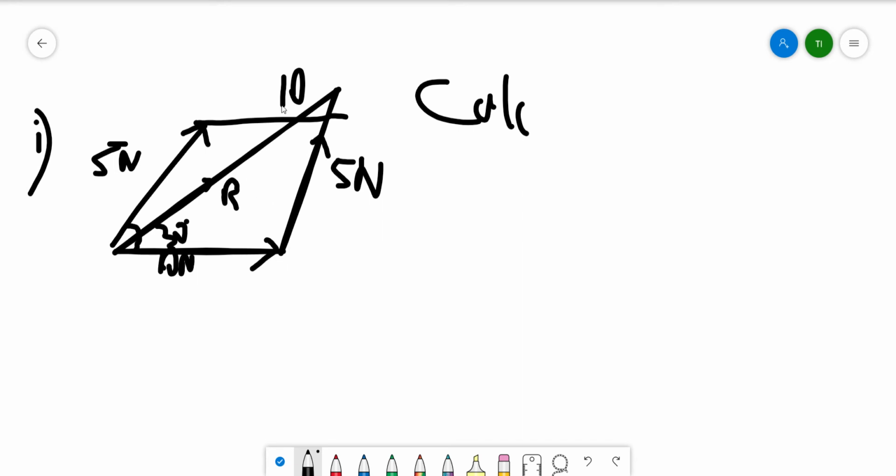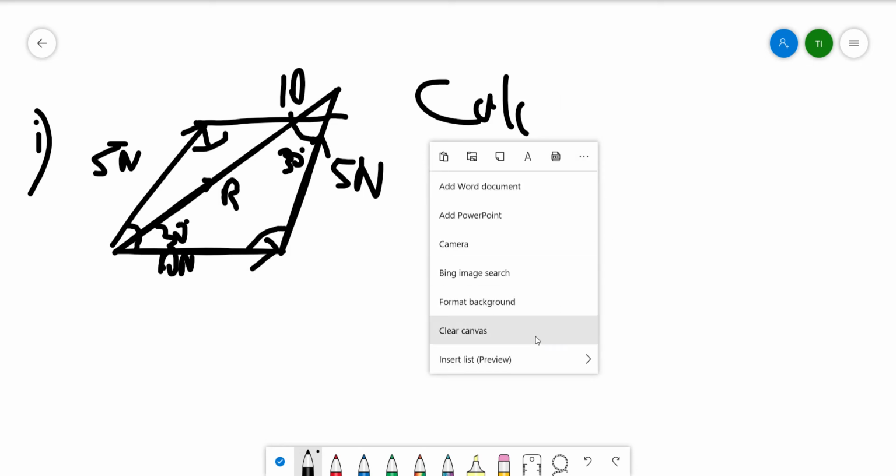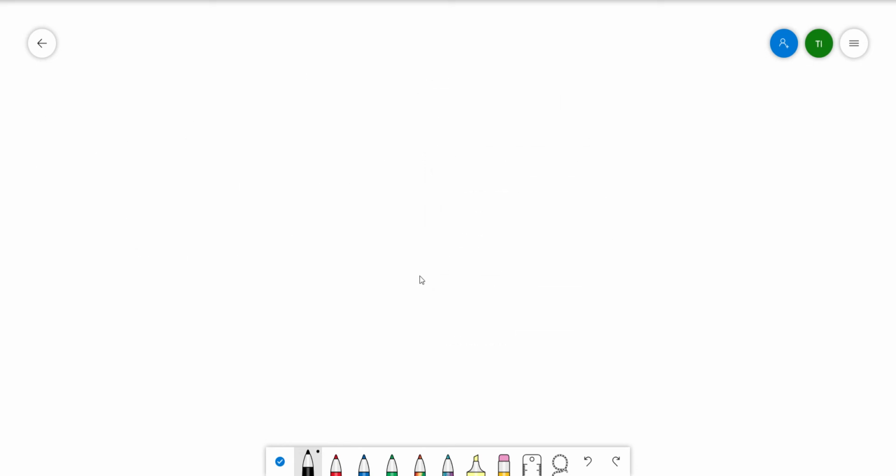And if this whole thing is 30 degrees, this is also 30 degrees. So 30, 30. So you have 300 degrees left, because in a quadrilateral there's 360 degrees. 30, 30. This is 150, and this is also 150. So you know that this is 150. And then you can measure the length of this using a scale and then find the resultant force. And then you can give the direction using the angles that you have just shown.